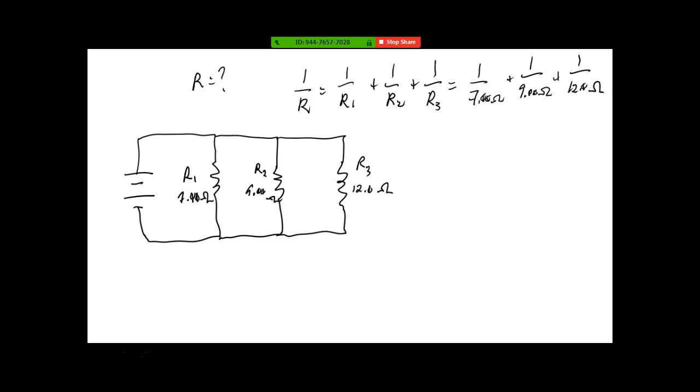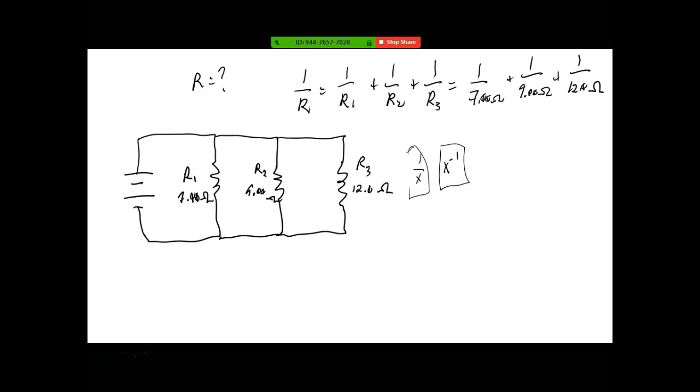On some calculators it's a 1 over x key, and some calculators will have an x to the -1 key. One of those two buttons, that's what you look for. Do all of you find that on your calculator? One of those two buttons? Yes, okay. So after you press 7, then do the 1 over x key, or the x to the -1. And then do your plus, and then enter your 9.